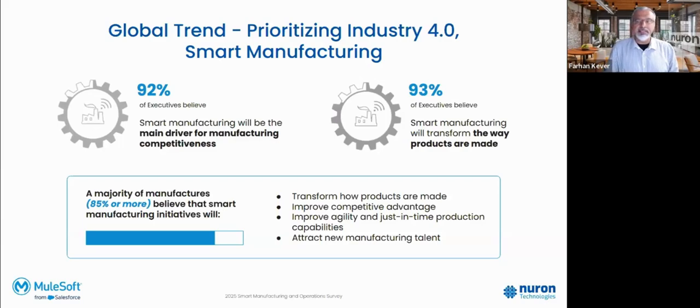In fact, more than 85% of manufacturers believe smart initiatives will completely transform production models, create sustainable competitive advantages, improve just-in-time responsiveness, and help attract the kind of digital native talent needed to grow.